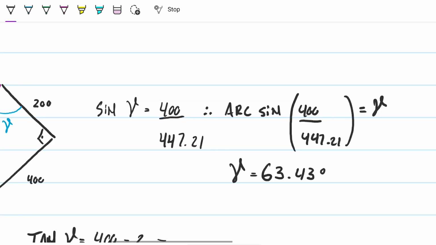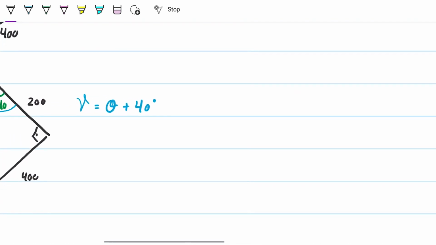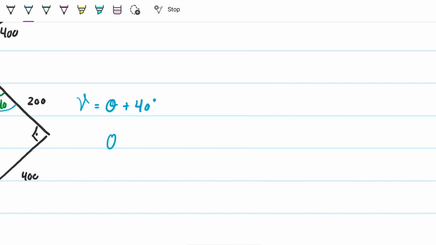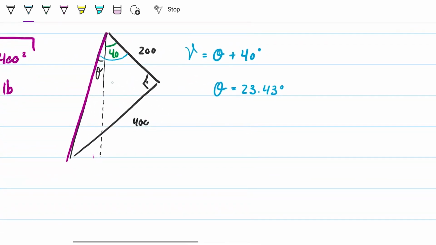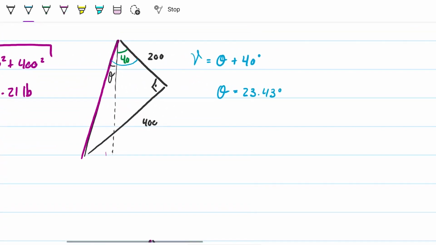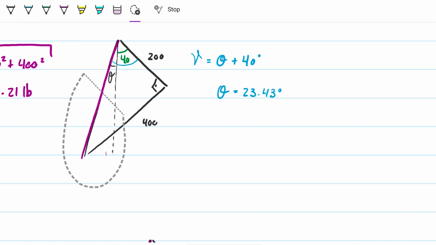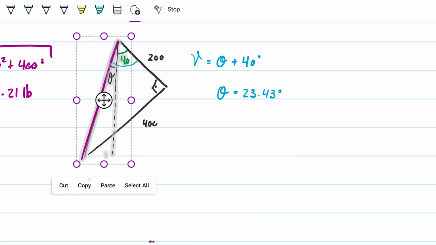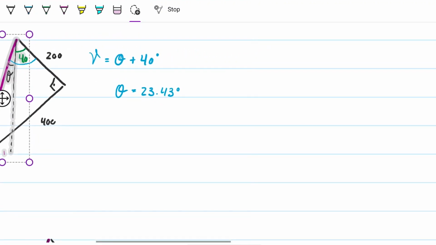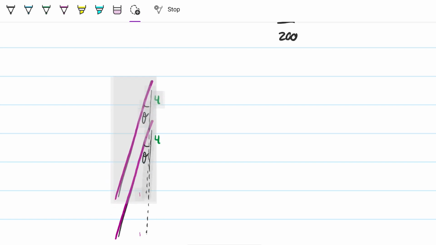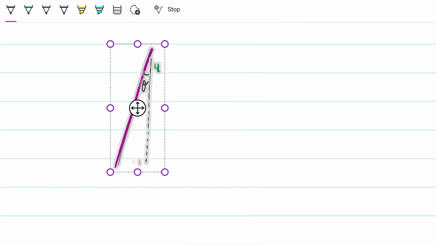So if this is 63.43, then theta is going to be 23.43 degrees, which means I can come back to this idea here, and now when we draw this, I'm going to copy again. There's only one triangle at a time. I think that makes sense.